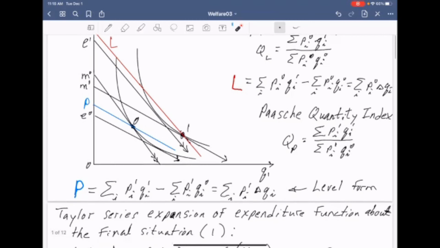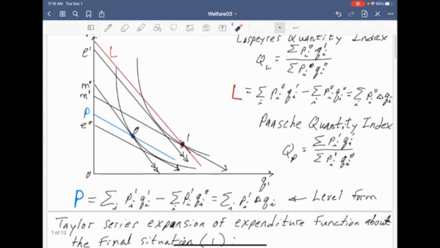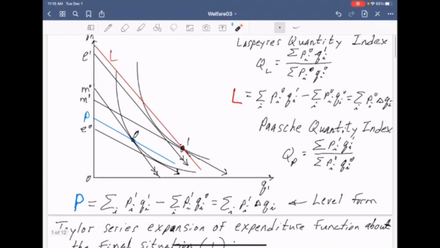Now, one of the problems with this index, of course, is that we might not know what the quantities are in the future. So a CPI, for example, will weight the quantities by the original prices because those are available. All right, so L is an index similar to the Consumer Price Index.